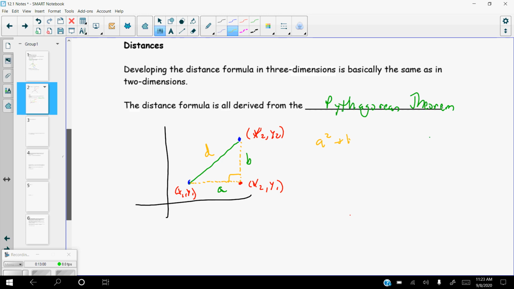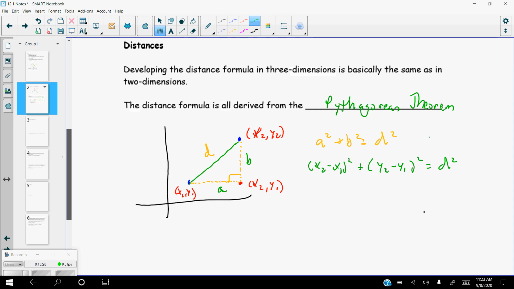So it all comes from the Pythagorean theorem. A squared plus B squared, in this case we're going to call it D squared for distance. A itself is the difference between the x's, so that's x2 minus x1 squared. The B part is the difference between the y's, which is y2 minus y1 squared, and that equals D squared.